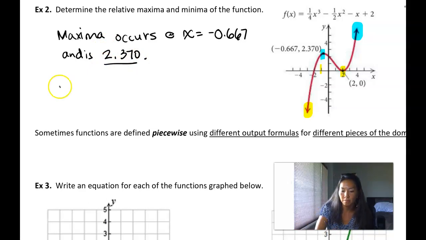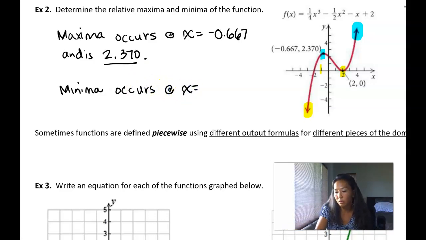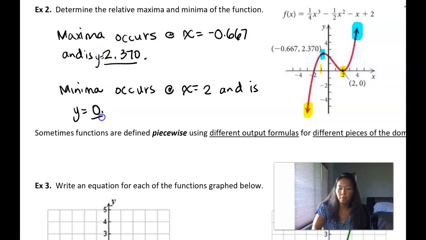And the minima occurs at x equaling 2 and is that y value of 0. Maybe you could say y value of 2.370. Okay?